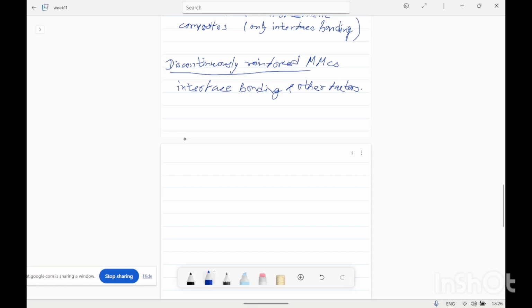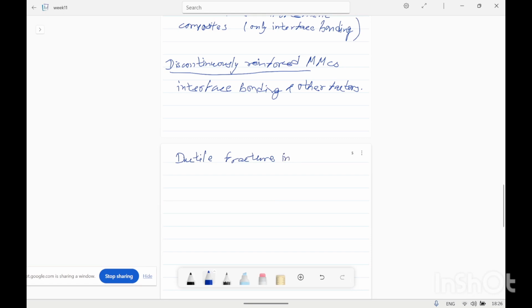So, ductile fracture in metals. Generally, metals are ductile with good strength.